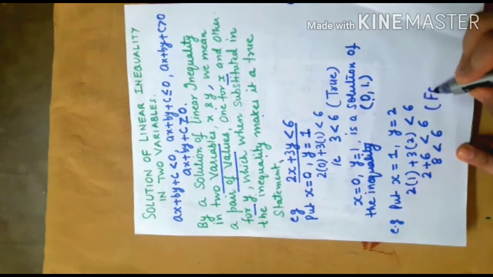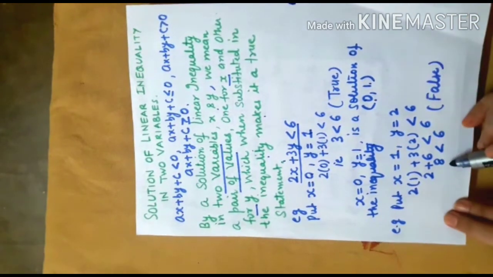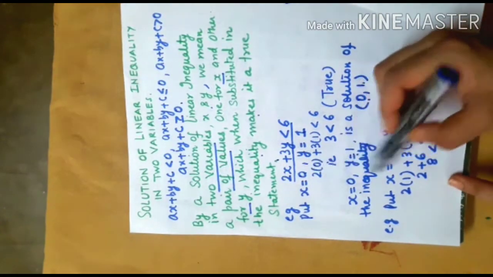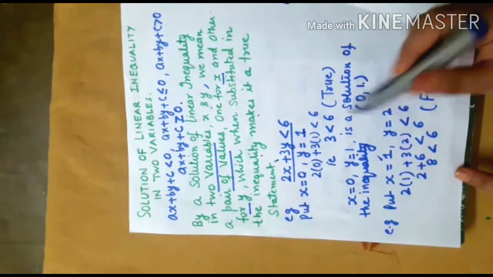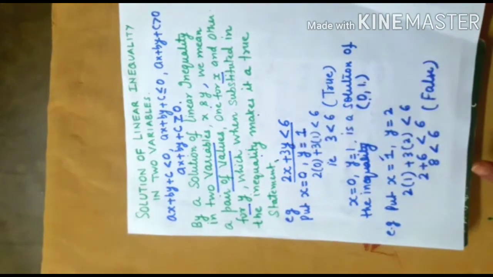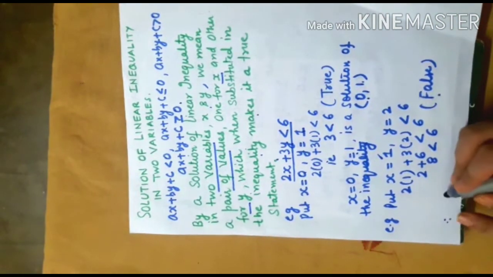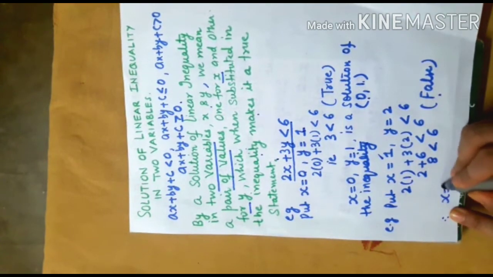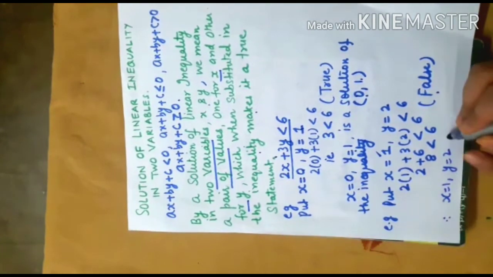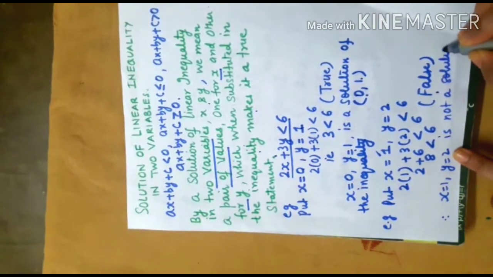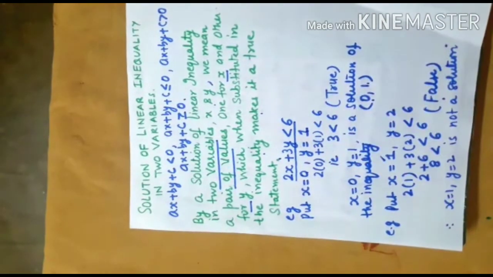Yes, it is a false statement because 8 is not less than 6. So, when I put x equal to 1 and y equal to 2 in this inequality, I get a false statement. Therefore, I conclude x equal to 1, y equal to 2 is not a solution of this inequality.